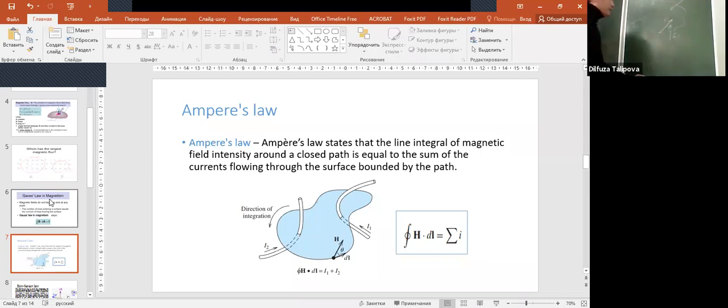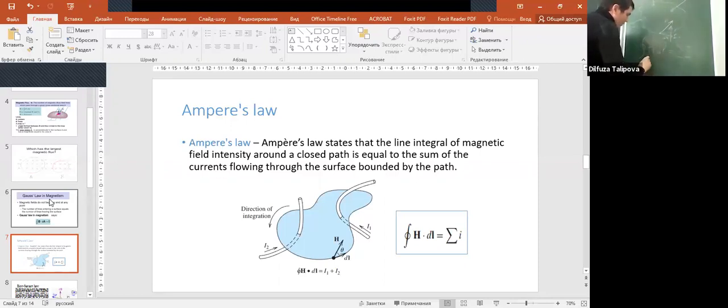So according to Ampere's law, we have such kind of equation. The integral of magnetic field intensity H multiplied by dl, where dl is the length of this path, is equal to the sum of the currents.